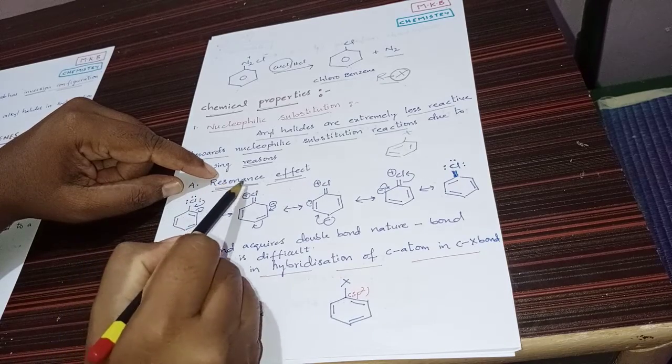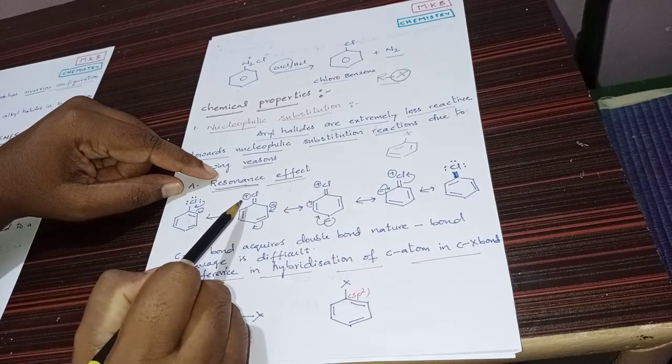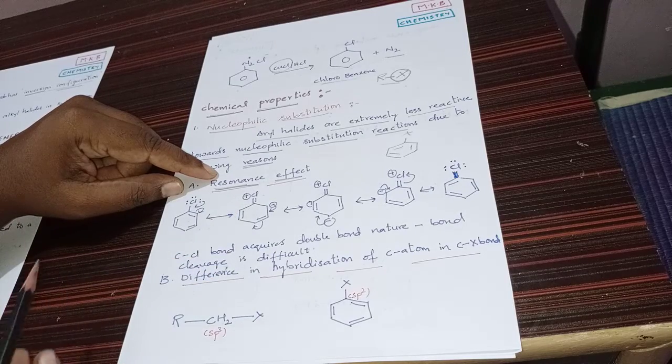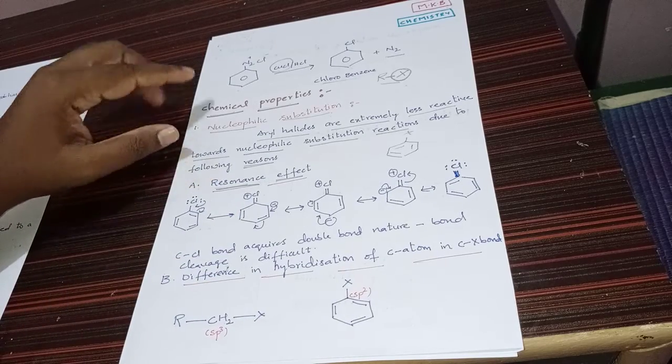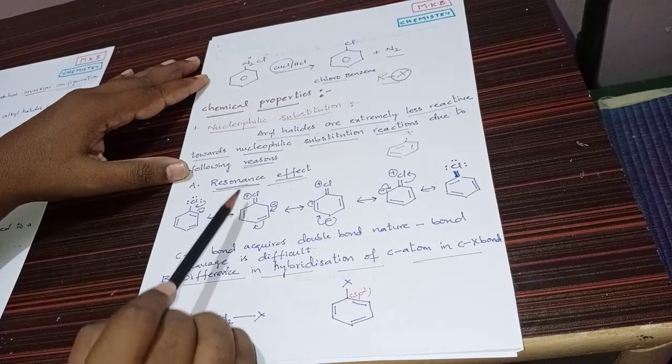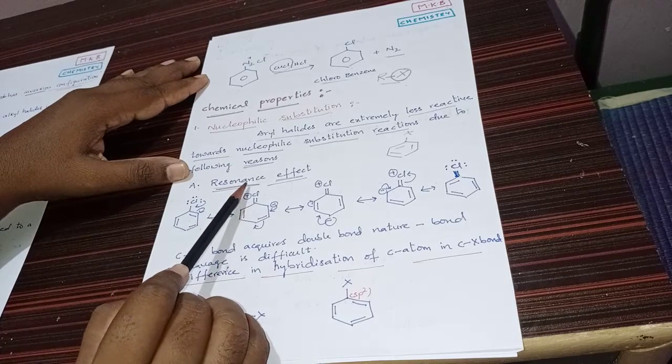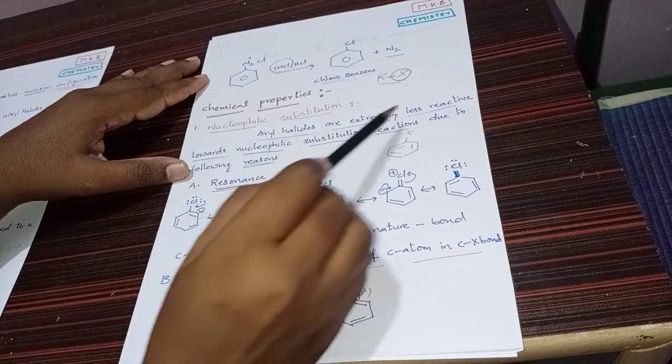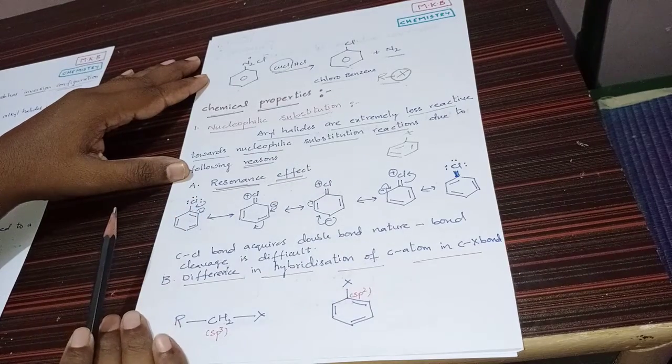Resonance is nothing but the delocalization of electrons. That means the electrons will move from one place to another place. So what is this resonance effect? Why does this effect make the aryl halides less reactive towards nucleophilic substitution?